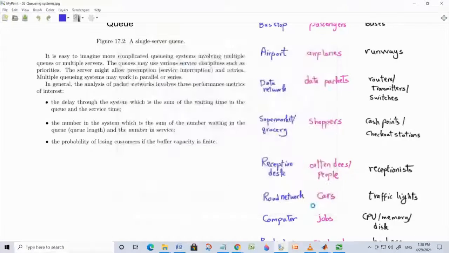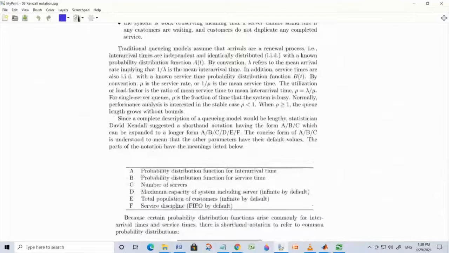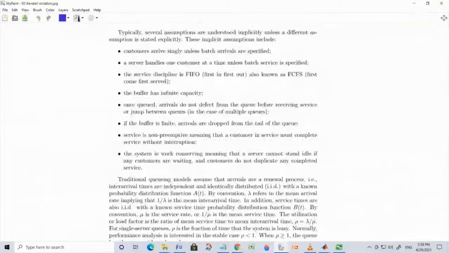Let's start with something very famous in queuing systems, which is Kendall notation. Here I will just highlight the service discipline. Typically it is first in, first out, FIFO, sometimes called FCFS, first come, first served. This may not be the queuing discipline, but it is the default.